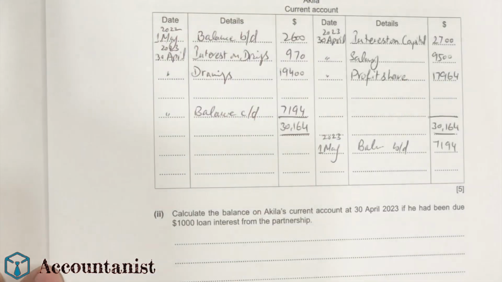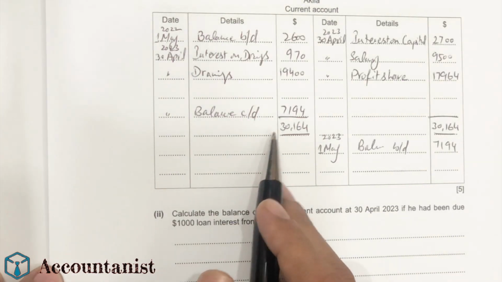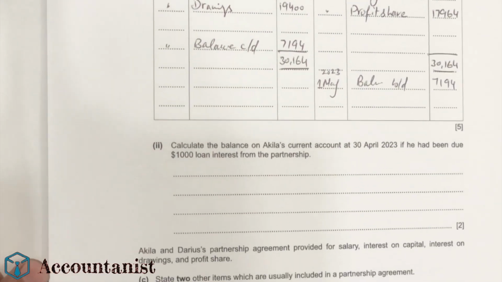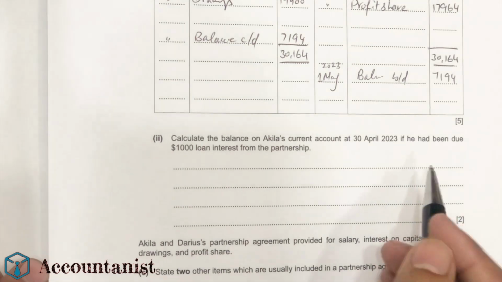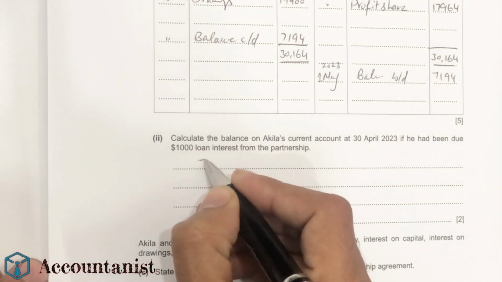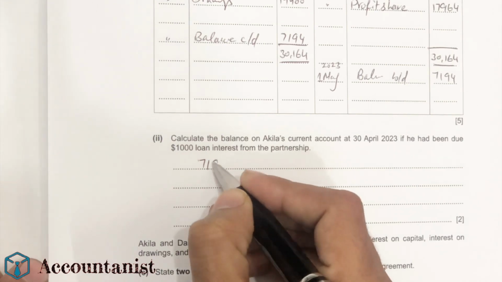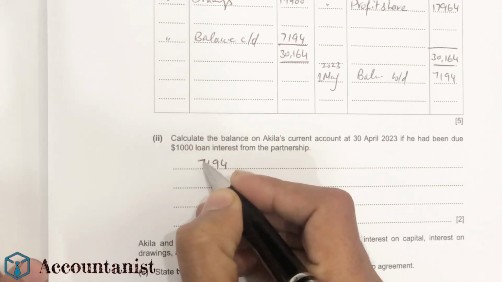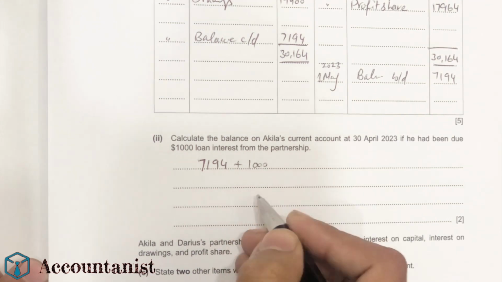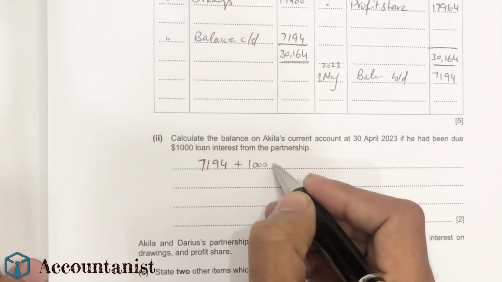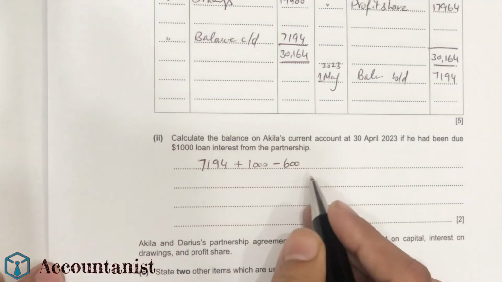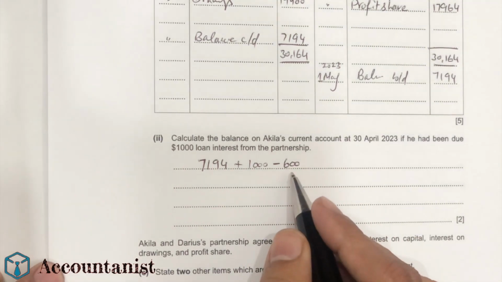And on the opposite side we get 1,000 more, so we have to adjust these two into this figure 7,194. That's the balance that we have, 7,194 before loan interest. So we'll get the loan interest of 1,000, and we will lose 600 because of the expense sharing.